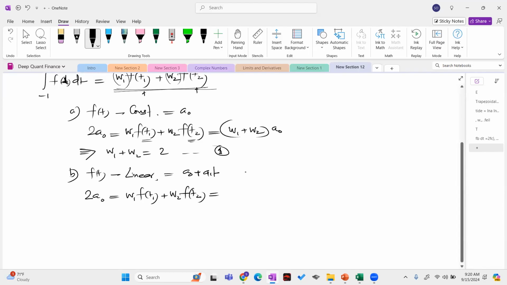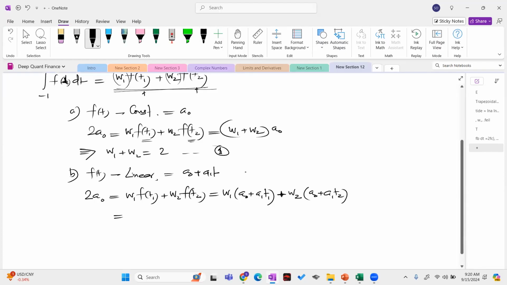And this is equal to, in our case, w1 times (a0 plus a1 t1), correct? Because you are sampling at t1. We don't know what that is yet. Plus w2 times (a0 plus a1 t2), right?